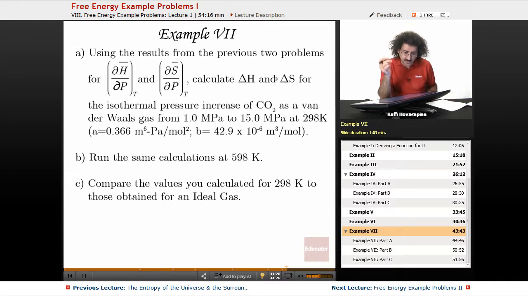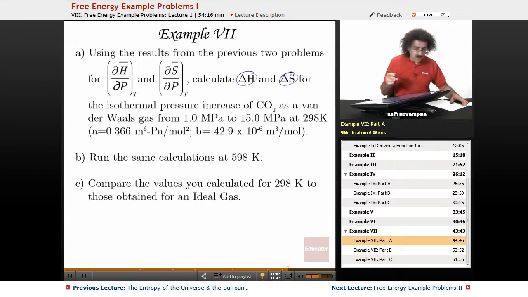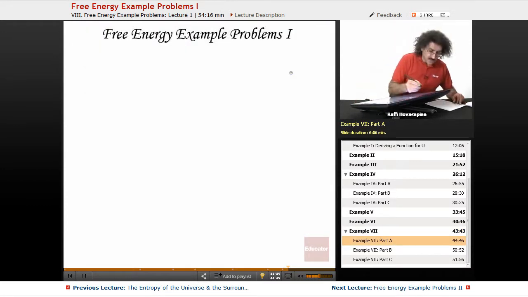Okay, so we just found expressions for a van der Waals gas for the change in enthalpy with respect to pressure, the change in entropy with respect to pressure. We can integrate these expressions to get expressions for the actual change in enthalpy and the change in entropy. And then we're going to compare them to the ideal gas. All right, so let's see what we've got. We want to know what delta H is, and we want to know what delta S is.